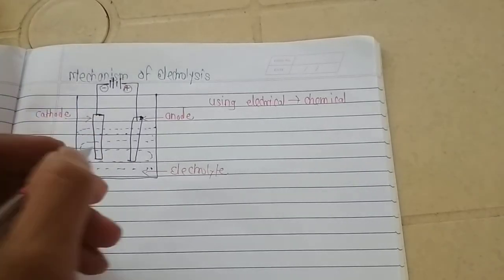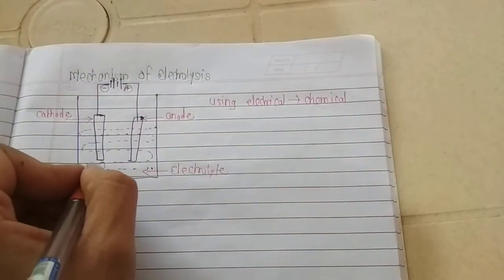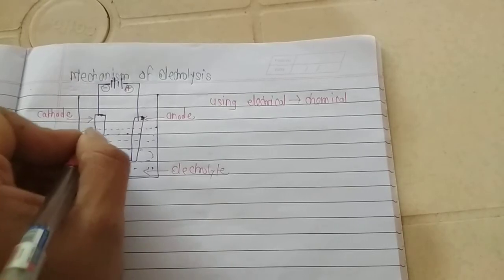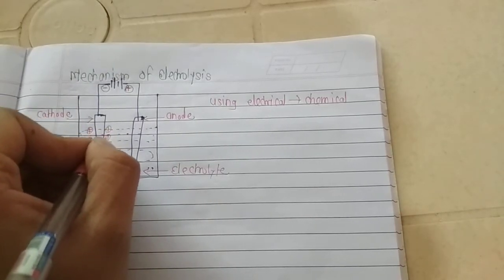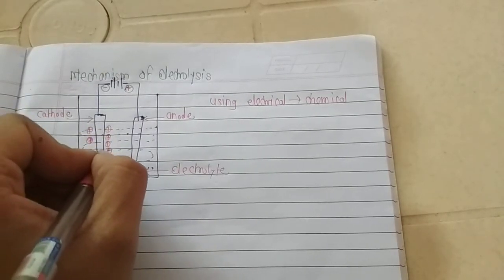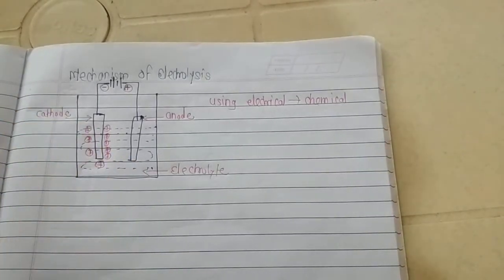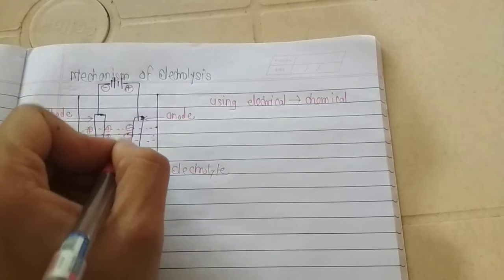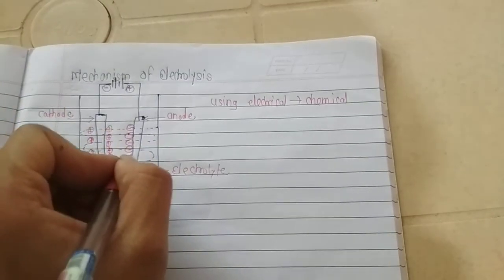So positively charged ions go towards this cathode because it is connected to the negative terminal, and negatively charged ions go to the anode because it is connected to the positive terminal.